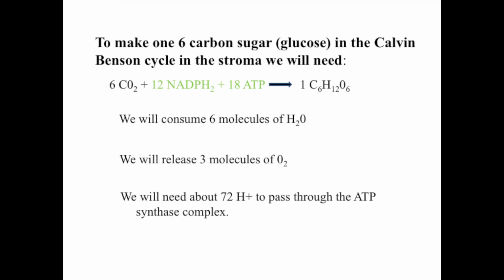To make the 18 ATPs needed in the Calvin-Benson cycle will require about 72 protons to pass through the ATP synthase complex. There are mechanisms to account for the movement of the extra protons into the lumen we have not discussed in this video. In order to generate the products used to make one 6-carbon sugar, the light reaction will release 6 molecules of oxygen and will consume 12 molecules of water.